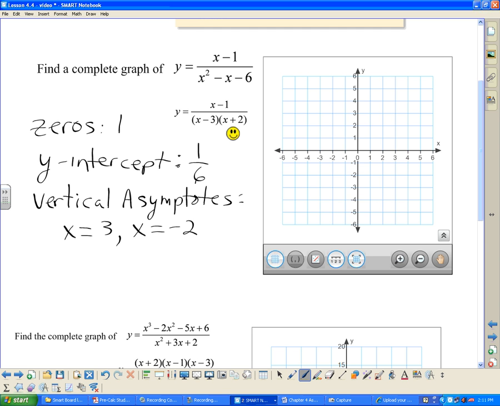Now the last thing then we're going to look at is end behavior. And end behavior could be a horizontal asymptote, or it could be an oblique slant asymptote, or a parabolic asymptote. So we're going to look at just the largest terms of the numerator and the denominator. So we're going to look at x and x squared.